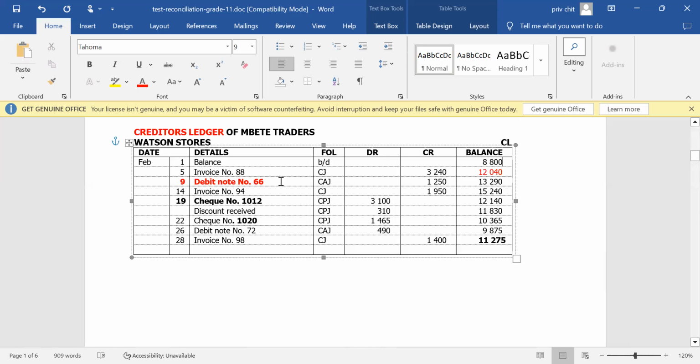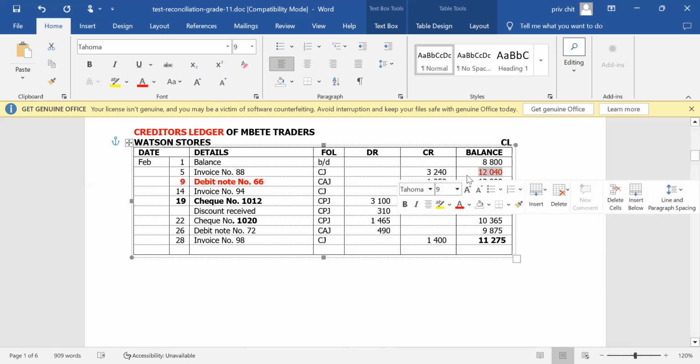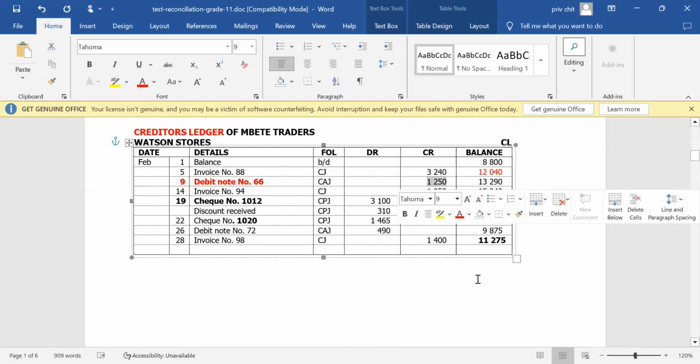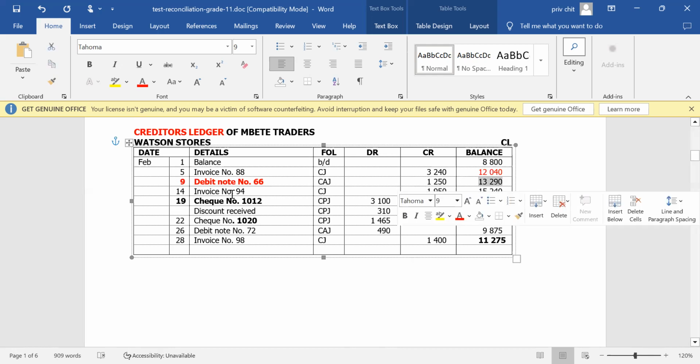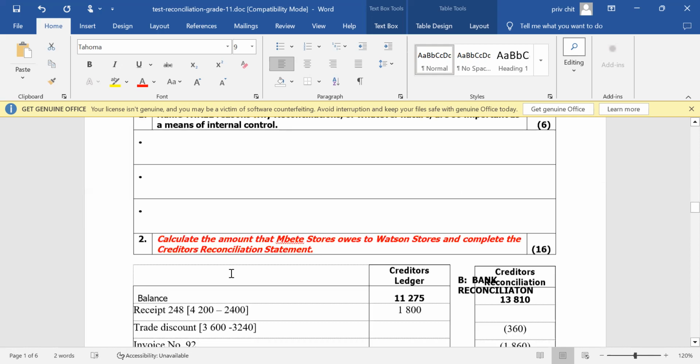Because when you return goods to the supplier or to the creditor, this would reduce this value. So instead of it being added, we were supposed to have subtracted this value, 1,250. So do you see that there's an error? Instead of it reducing 12,000, it increased it. They added it, and now we have 13,290. That's an error on our side. So that's why we're going to have to correct it here.